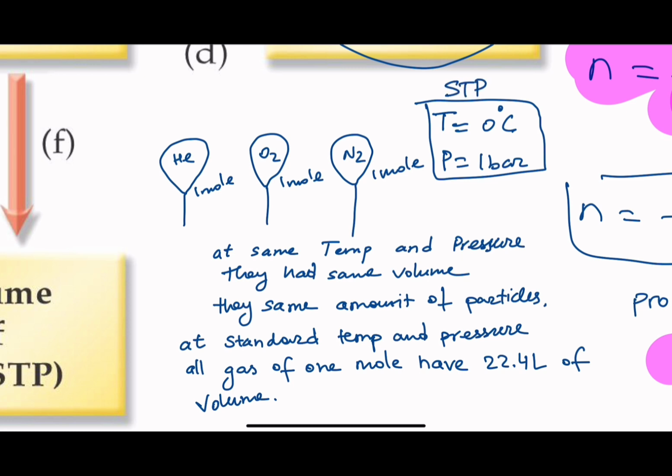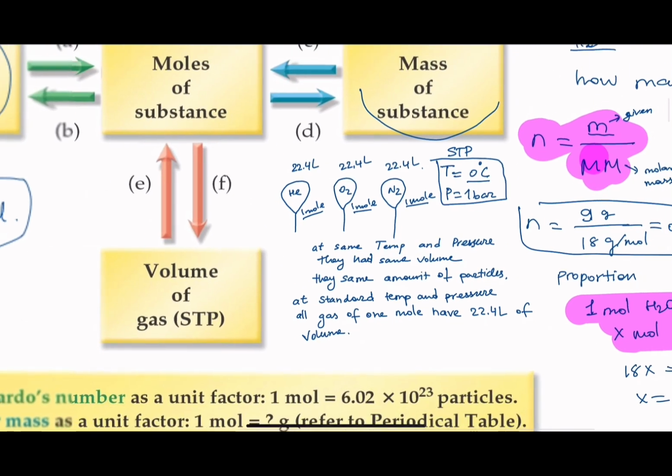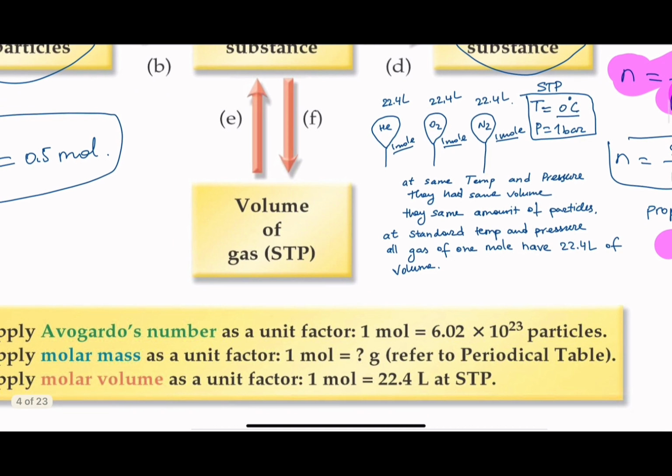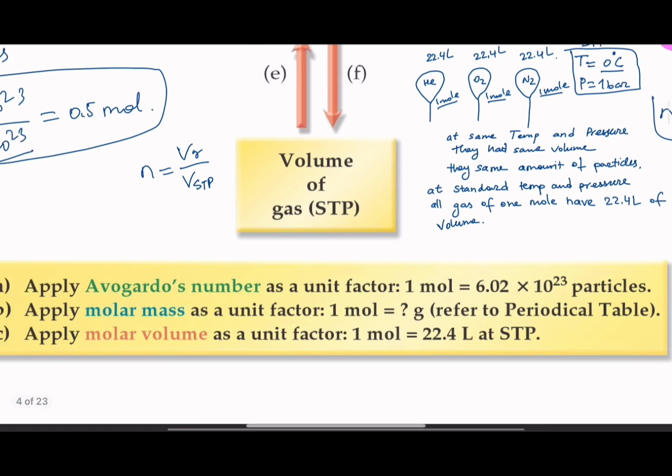So at STP, 0 degrees and 1 bar, all 1 mole gases, they have 22.4 liters. They are all 22.4 liter in here. So now this is another way, and the formula for this is going to be N equals V given divided by V STP.